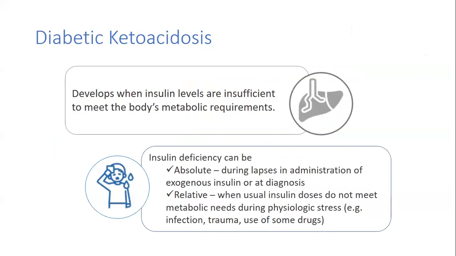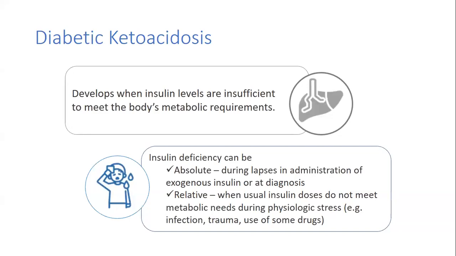Absolute deficiency, remember from the pathophysiology of type 1 diabetes, is due to destruction of the beta pancreatic cells, mostly autoimmune destruction in type 1. This leads to absolute insulin deficiency, especially in patients who are newly diagnosed.